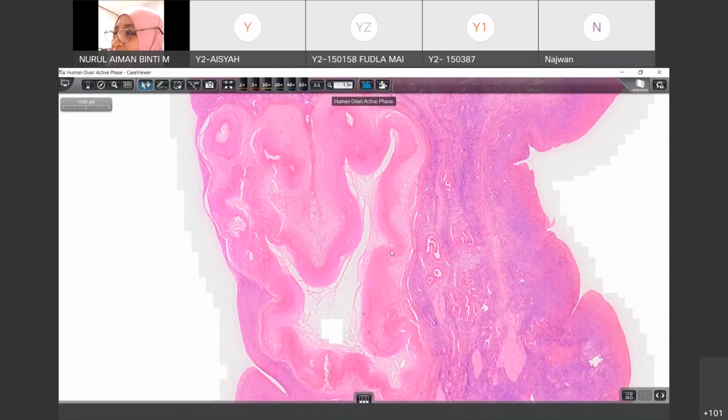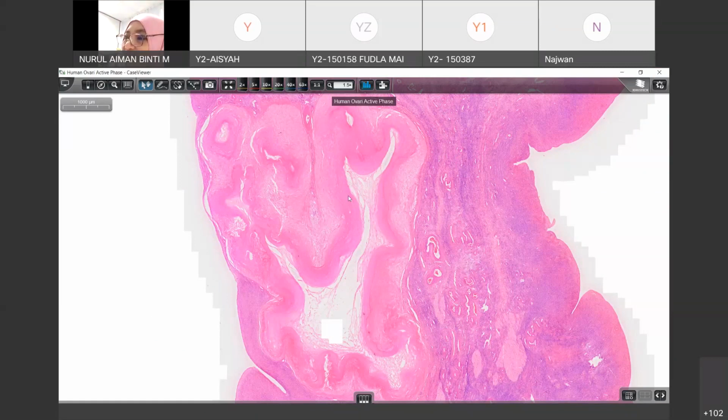It can be 20 times the size of the primary ovarian follicles. So what is this? Anyone? Corpus luteum. Okay, nice. Corpus luteum, very large.